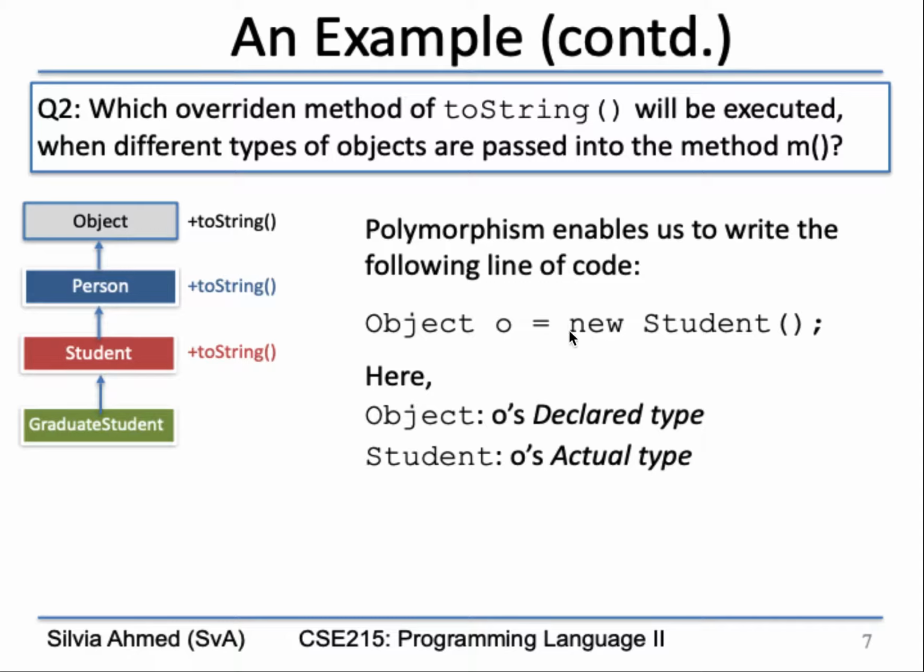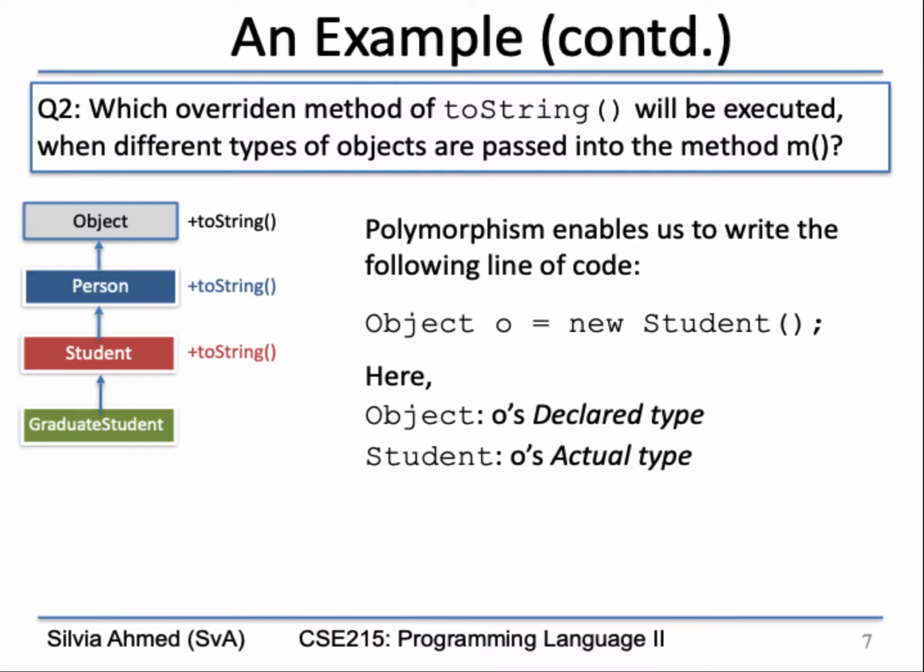But we are creating the object of Student class by this new Student. So we can see that we need the type Object. When the type Object, a supertype, is needed, instead of the supertype, we can actually use any of its subtype like new Student. And we assign the address of new Student into this variable O.